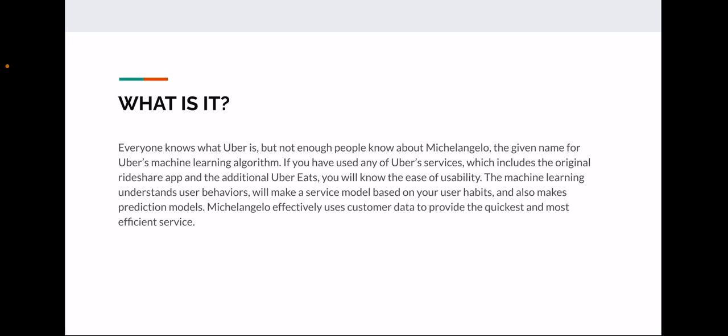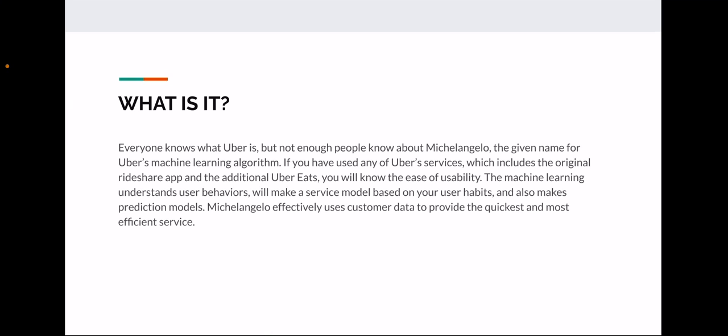Michelangelo is Uber's implemented machine learning system that they have been using for approximately 2 years, since the beginning of 2019. It was originally created to provide a solution for Uber's early development issues, because in the beginning, Uber was growing so quickly that they had trouble scaling.